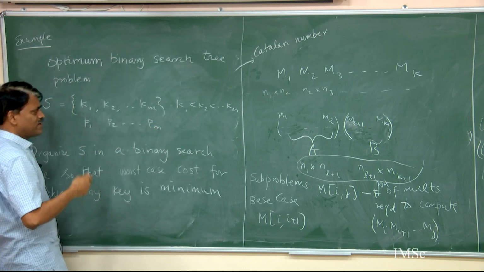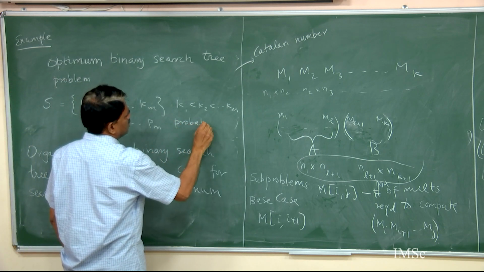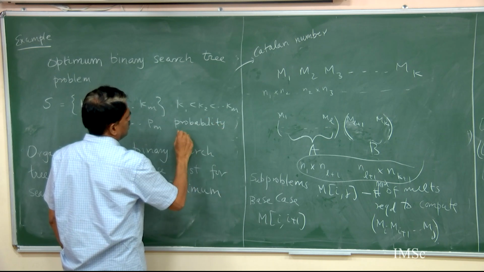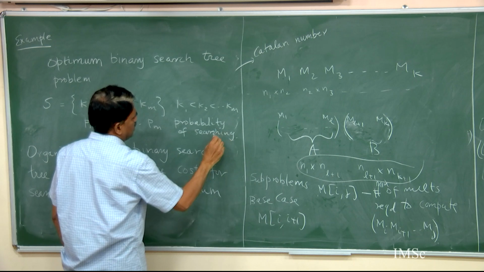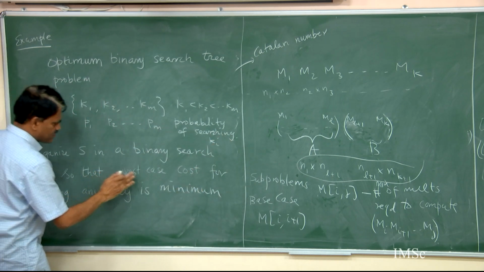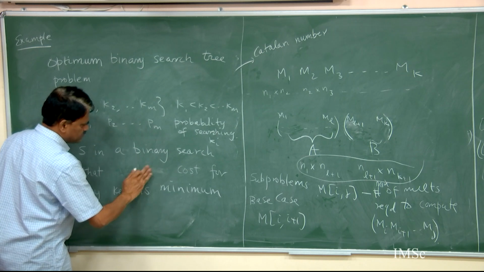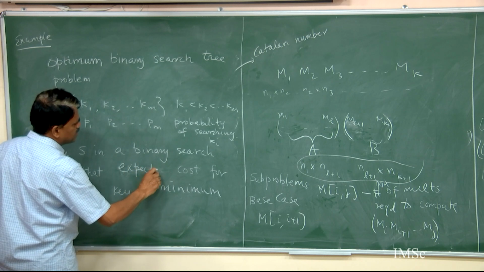Think of it as a probability or frequency, the probability of searching Ki, which means that first of all I am not interested in worst case, I am interested in expected cost.